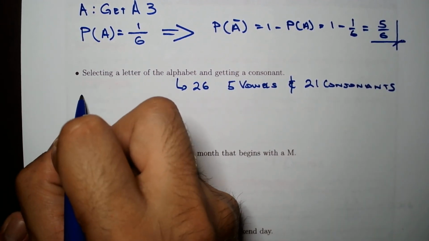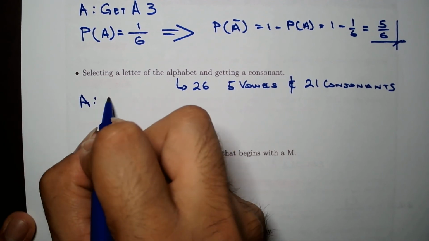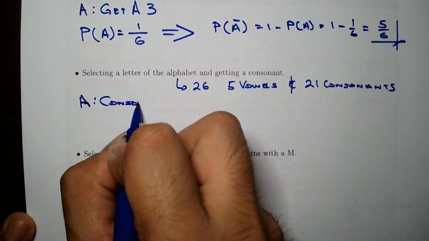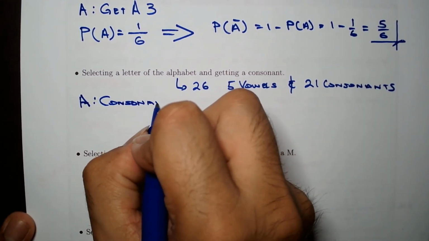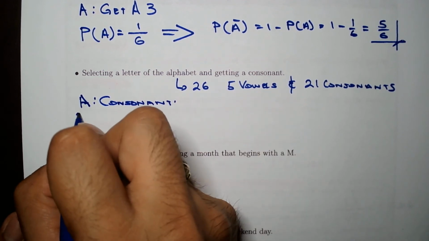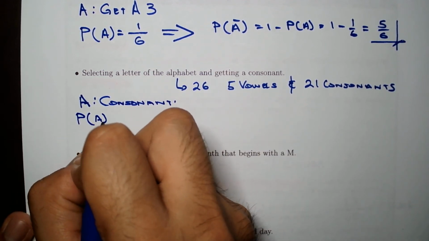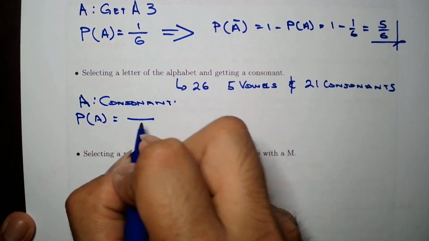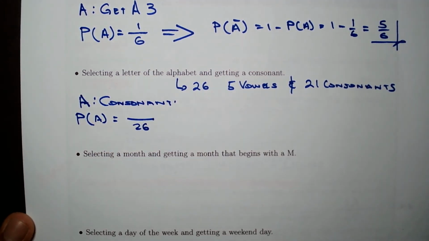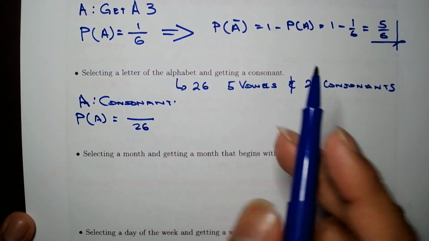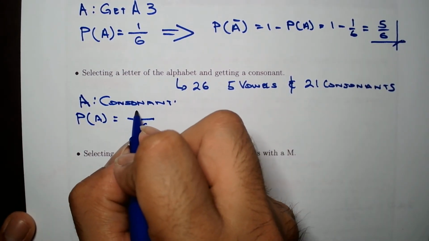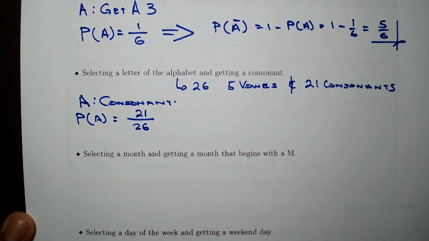The event A is consonant, and the probability is, out of the total possible outcomes, which is 26, we can possibly choose 21 of them.